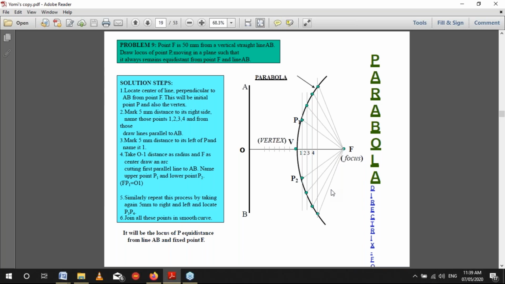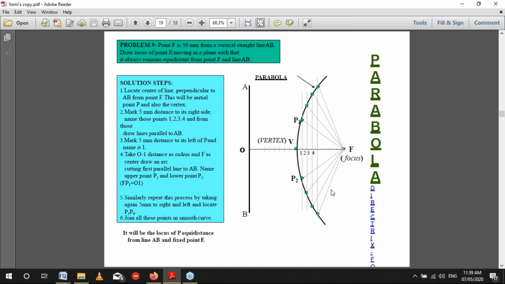The fixed points represent the foci. Hyperbolas exist in a pair. A hyperbola is an open-ended curve.